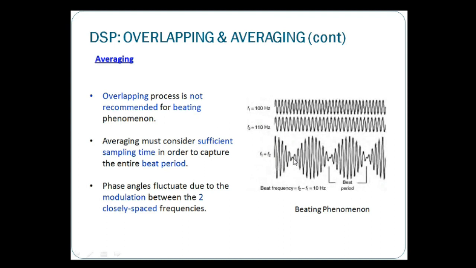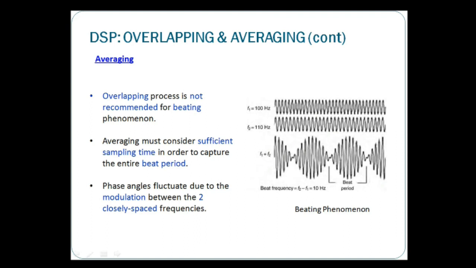At one point, they will cancel out each other, where you have a very low vibration. At one point, the vibration will go up very high when they are in phase and add up together. So you will see a signal that goes up, down, like this.